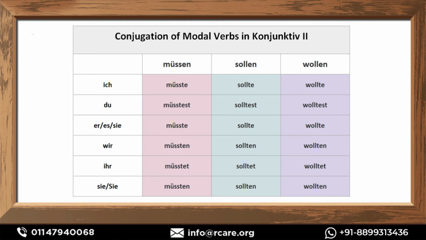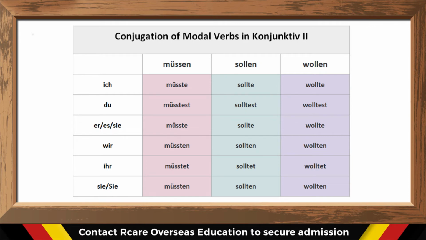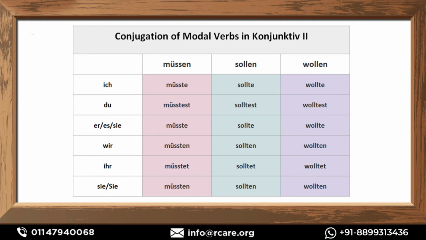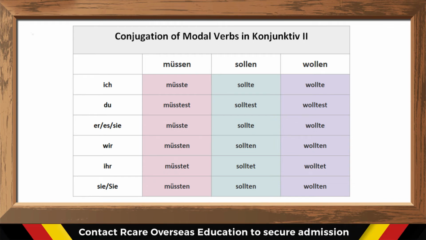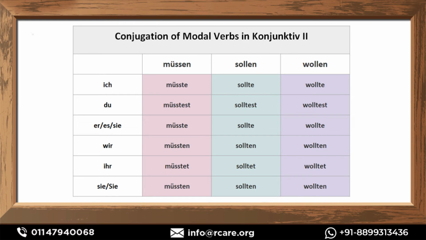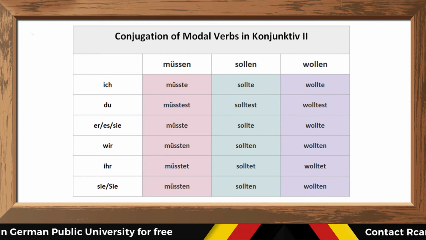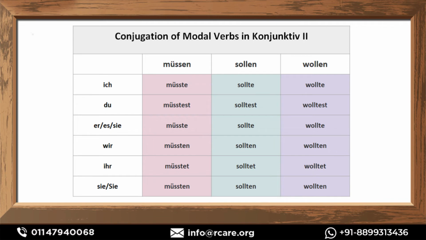Ich sollte, du solltest, sie sollte, wir sollten, ihr solltet, sie sollten. Now comes wollen. Ich wollte, du wolltest, sie wollte, wir wollten, ihr wolltet, and sie wollten.